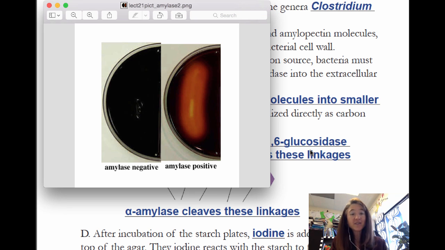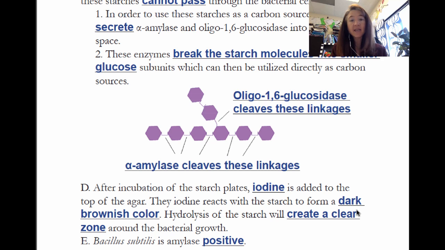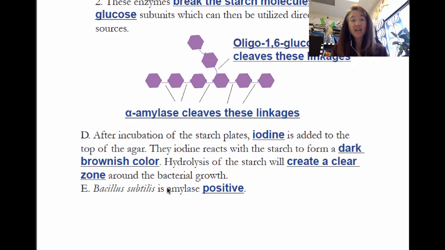So this is a beautiful example of an amylase positive versus an amylase negative organism. Writing down what you see there, there's a nice clear or kind of yellowy zone or halo around a positive, such as Bacillus subtilis. Whereas if the organism is negative, typically you just see iodine everywhere and there isn't the evidence of that beautiful halo.